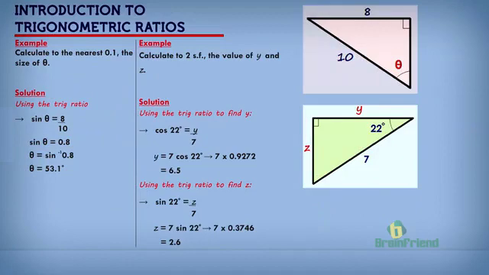If you are asked to calculate to the nearest 0.1 the size of theta, theta being our unknown angle. So in this question here, we've been asked to calculate the size of theta. Let's quickly remember what we learned about the different sides in a typical right-angled triangle.